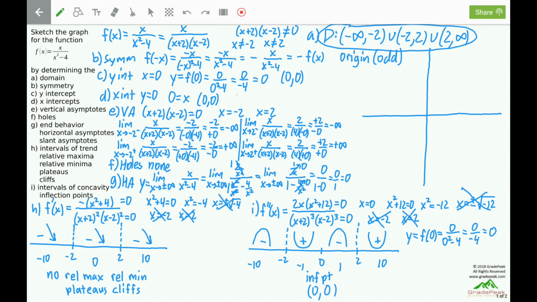And that's because we found x equals negative 2 and x equals positive 2 to be vertical asymptotes. So we can put those on the graph. X equals negative 2 will be somewhere about right here. And x equals positive 2 will be the same distance away, but on the other side.